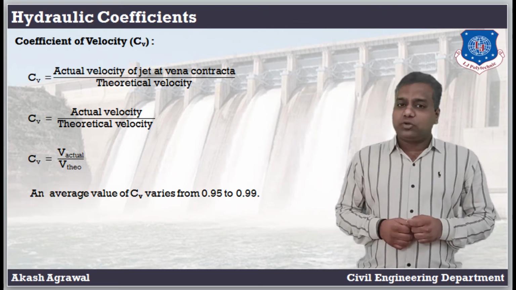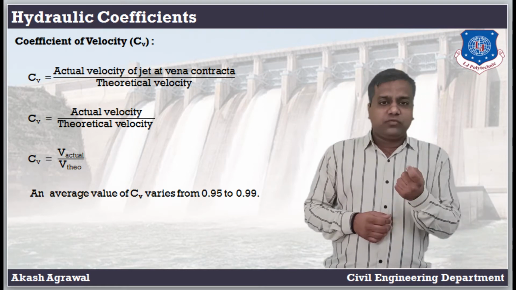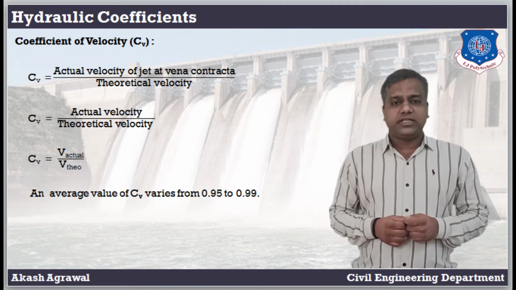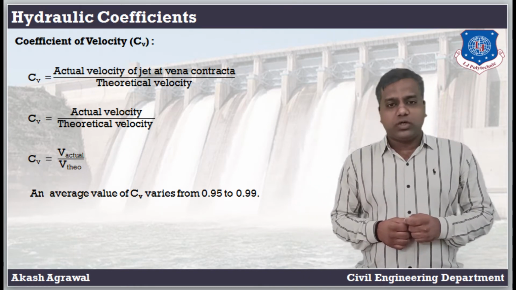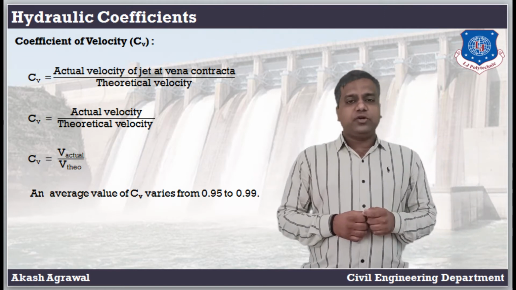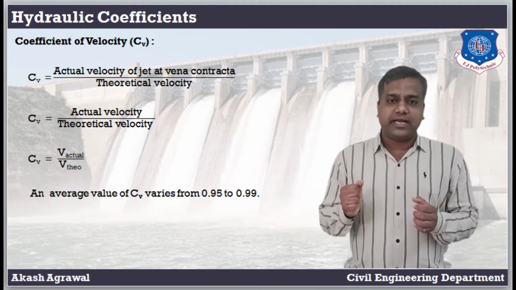The actual velocity is represented by V actual and the theoretical velocity by V theoretical. Now CV is equal to V actual upon V theoretical. The average value of CV varies from 0.95 to 0.99.